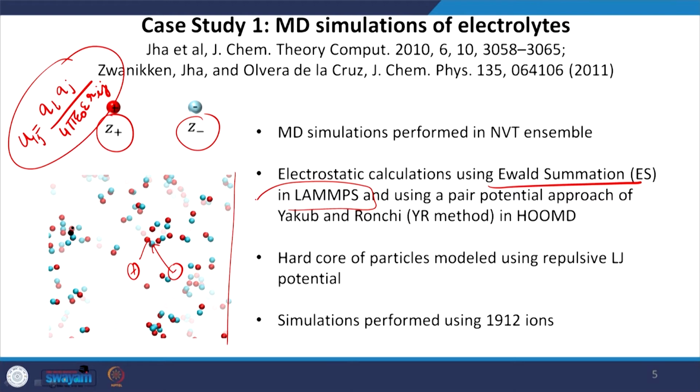But then we were also interested in using GPUs for molecular dynamics. And it turns out that Ewald summation schemes in GPU become somewhat complicated. And the reason is because the Ewald summation expressions are pretty cumbersome, and the memory of the GPUs is somewhat limited in comparison to CPUs.